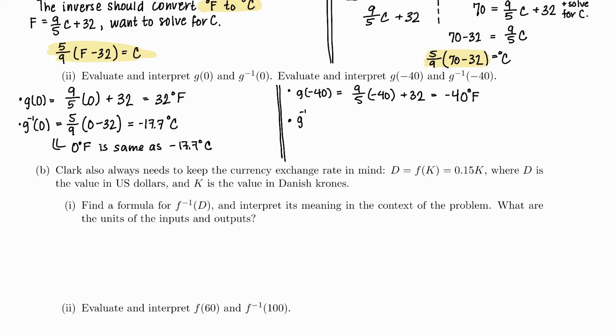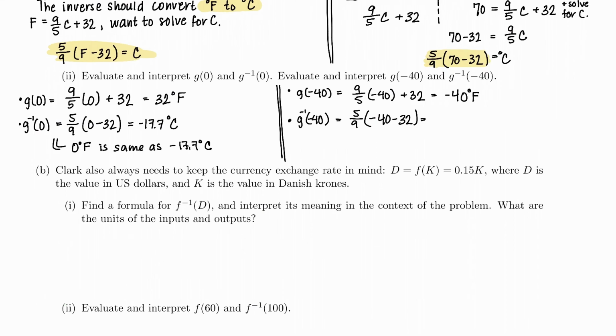And G inverse of negative 40 is going to be 5 over 9 times negative 40 minus 32.